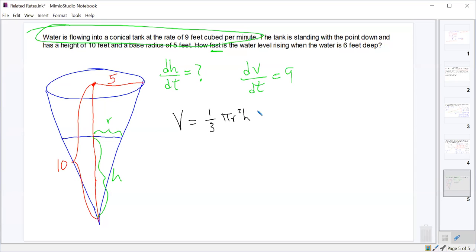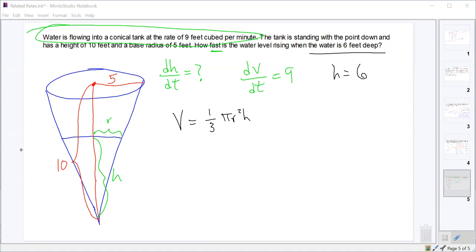But we are only interested in how the height is changing, and we have a radius in here, and we're not given a lot of information about the radius. We know that at the instant we're interested in, h is 6, but that doesn't tell us how the height is changing. So how are we going to get this all in terms of one variable, just like we had to do with the optimization problems?